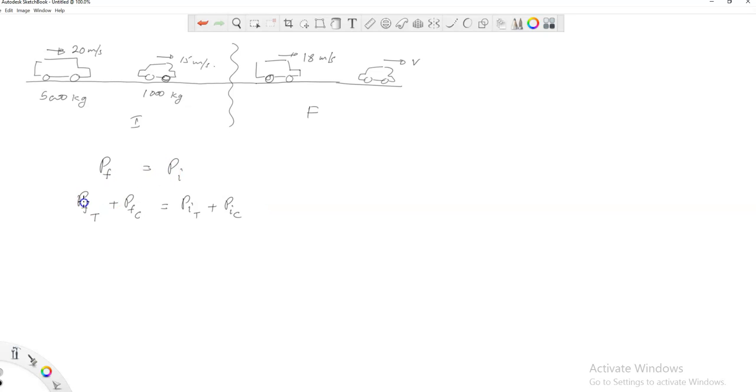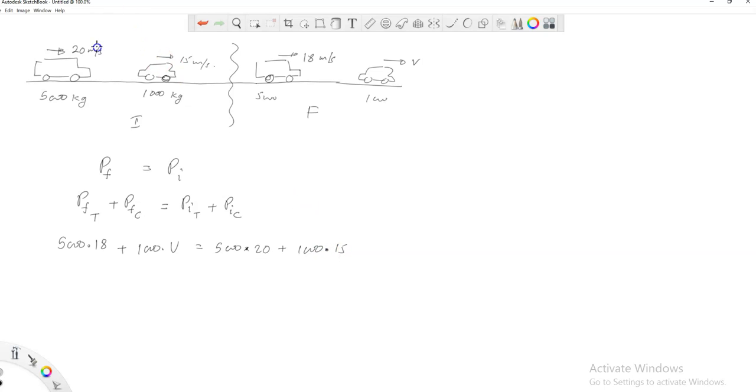So final equals initial, the final momentum is the combination of these. This is the initial momentum, total of these. So momentum final of the truck, mass of the truck multiplied by velocity plus mass of the car, 1000, this is 5000, this is 1000, right, times its velocity, which we don't know, which we are trying to find out, is equal to P initial, mass of the truck times 20 plus 1000 times 15.